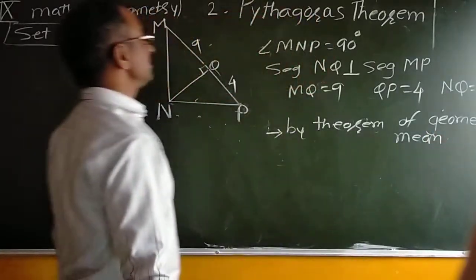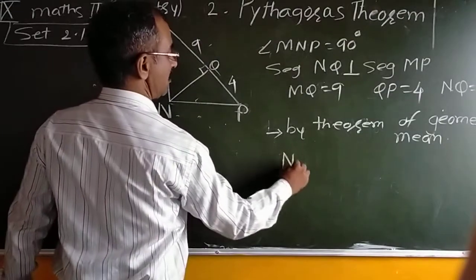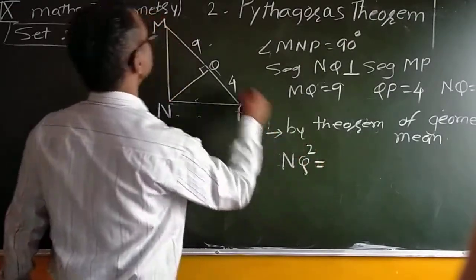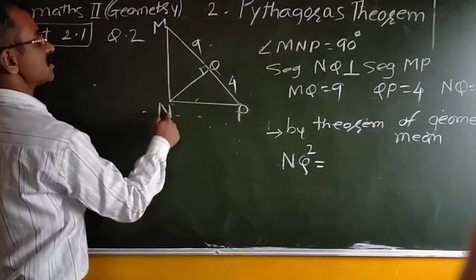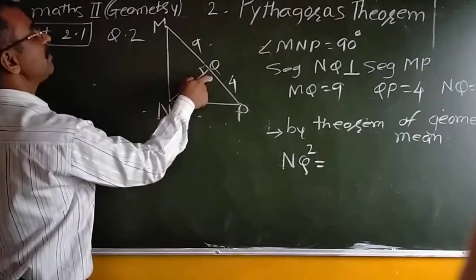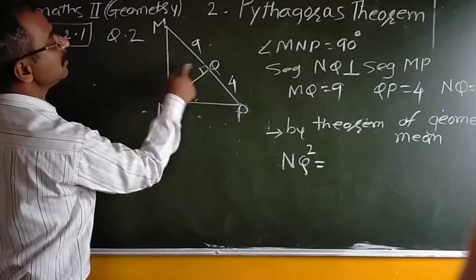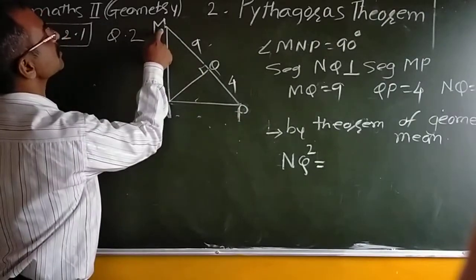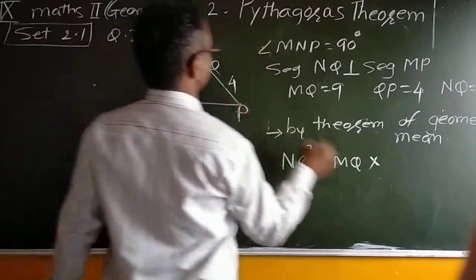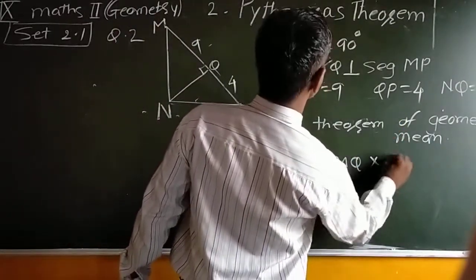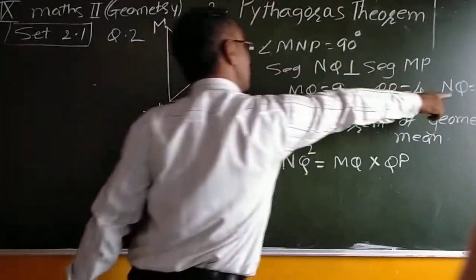What does the geometric mean theorem tell? The square of the perpendicular drawn on a hypotenuse is equal to the multiplication of the segments of that hypotenuse, MQ into QP. We want to find the value of NQ.